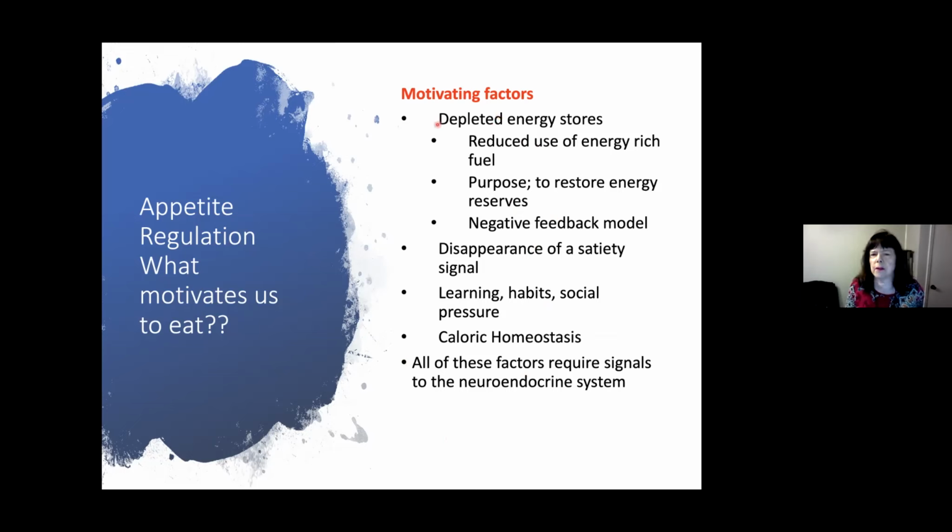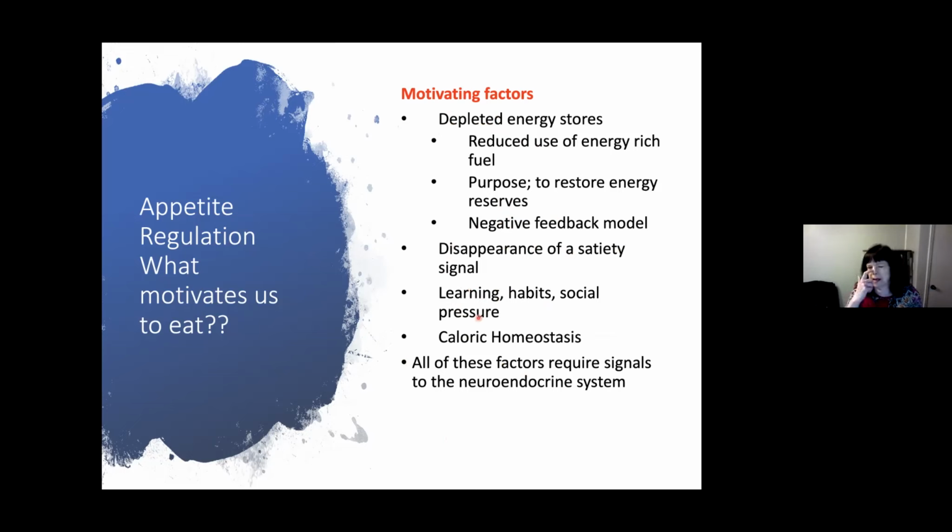And of course, one of the most important is depleted energy stores. So if you basically are exercising a lot, that's going to signal that you need to eat. If a satiety signal that makes you feel full goes away, you're going to want to eat. And then, of course, you've got this learning habit, social pressure.